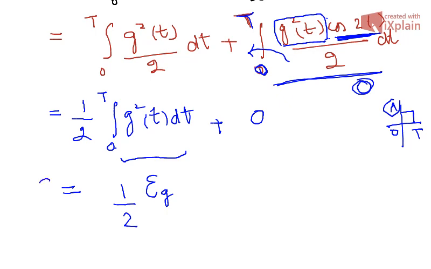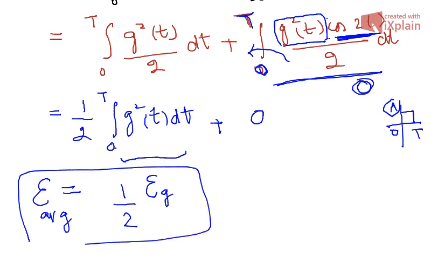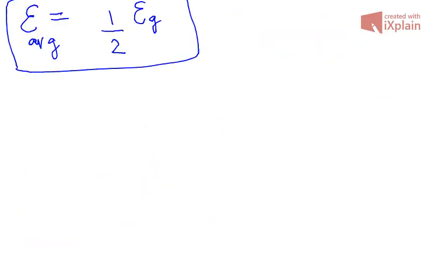So your average energy of the waveform, which we call the average symbol energy, is Eg over 2. Now if this is our average symbol energy, each symbol carries how many bits?